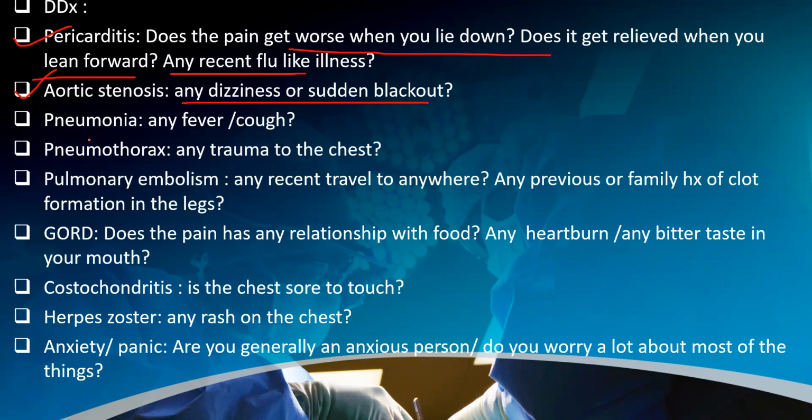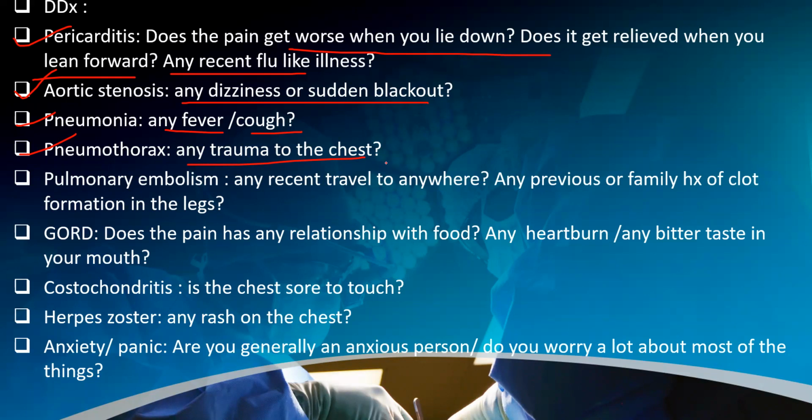Go to the respiratory questions: pneumonia, pneumothorax, and PE. For pneumonia, the triad is fever, cough, chest pain, shortness of breath. Actually, it's a tetrad. You already asked shortness of breath and chest pain. You are left with fever and cough. So any fever, any cough? For pneumothorax, any trauma to your chest recently, or you can also ask, do you have any known lung conditions?